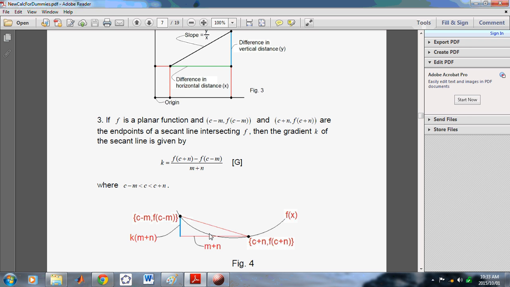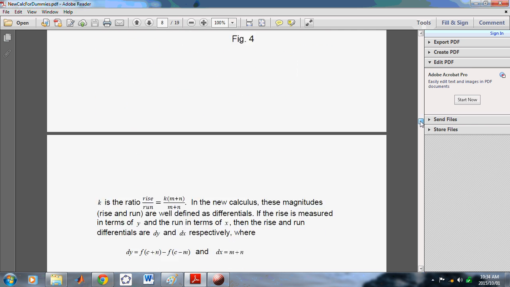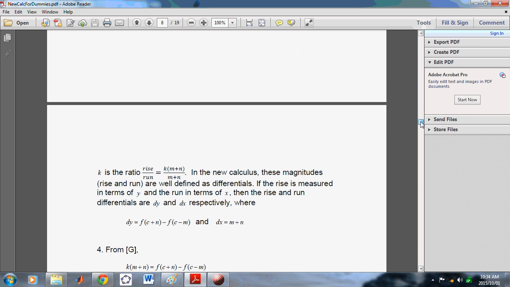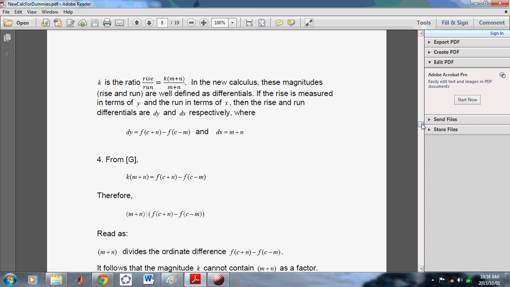Okay, so c is somewhere in this interval, and k is the gradient, and as you can see, k times m plus n is the length of that line. Just simple analytical geometry. There's nothing to it. Grade 8 mathematics. And so, as we go through a document, you can see that m plus n will divide all the terms of the numerator.